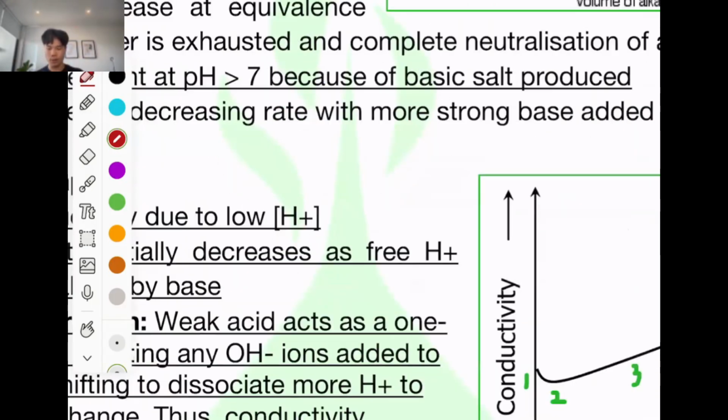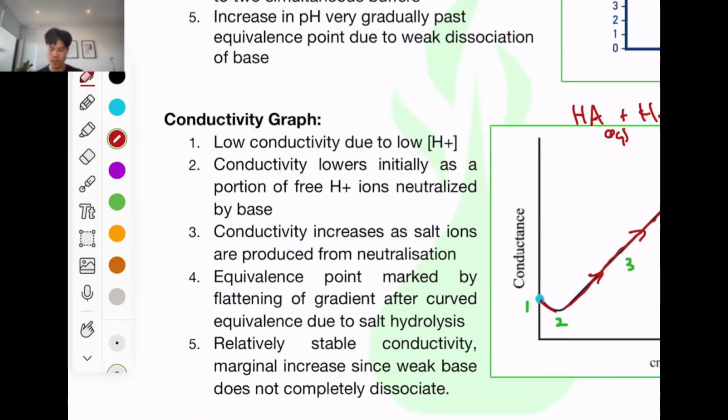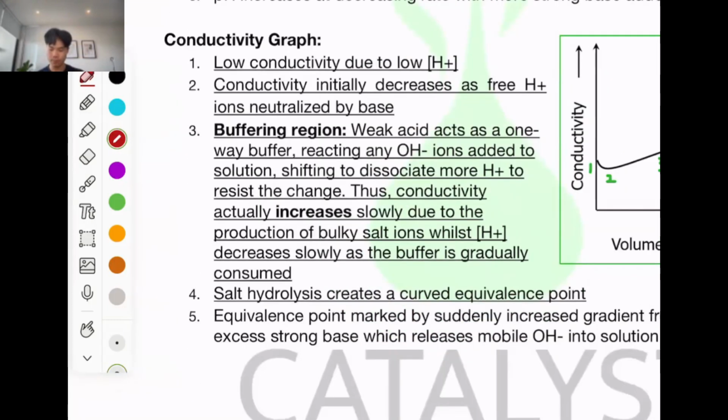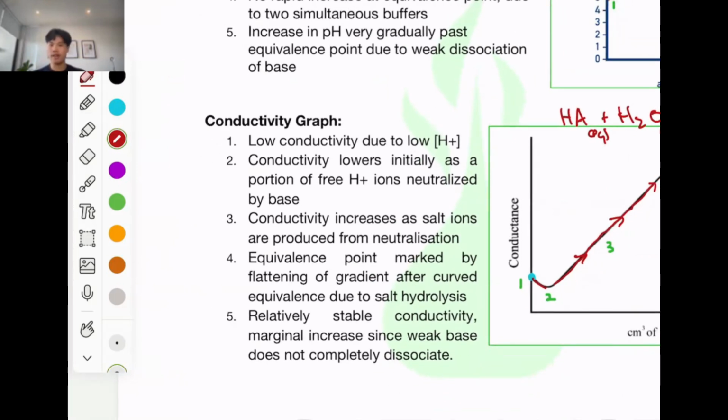But this is absolutely not the case in a weak acid, weak base titration, or even a weak acid, strong base titration. This is not the case because we have a buffer present.